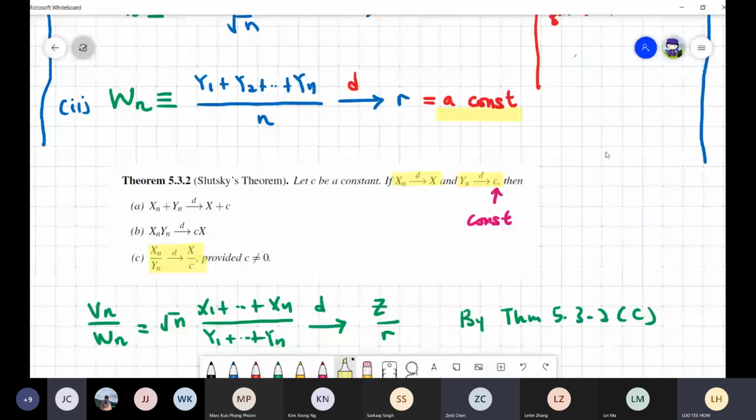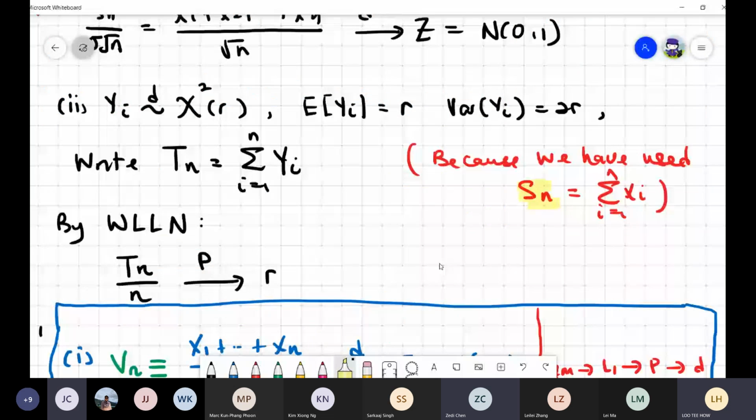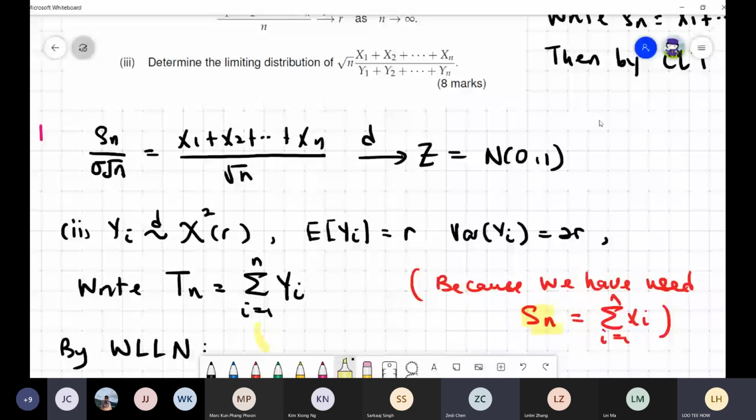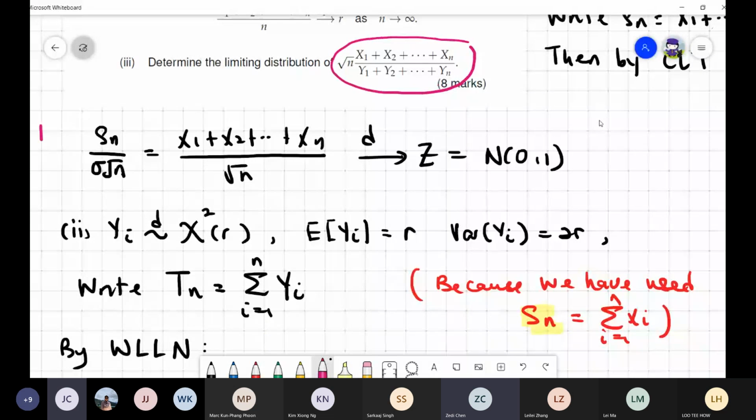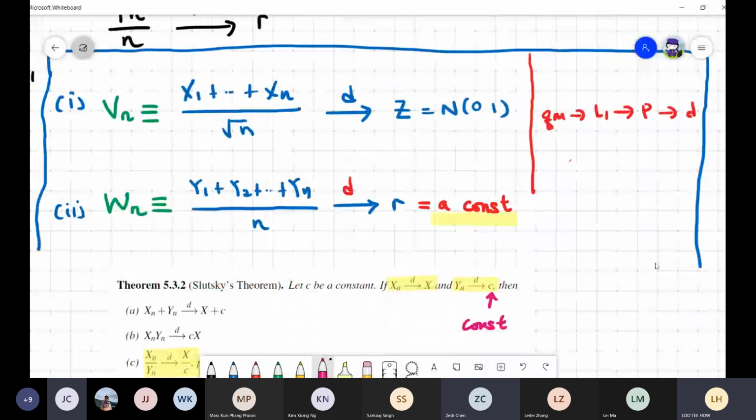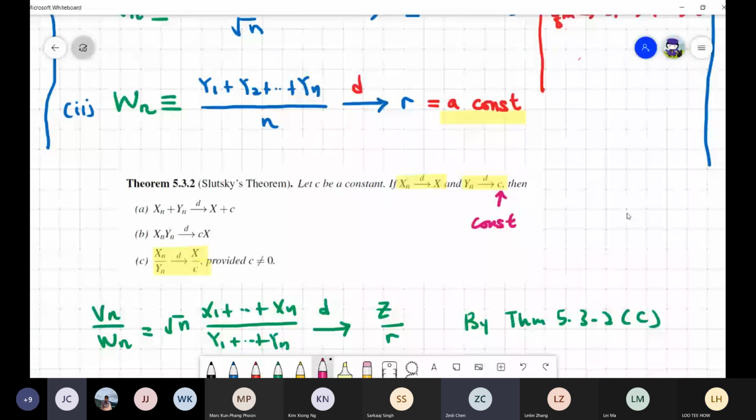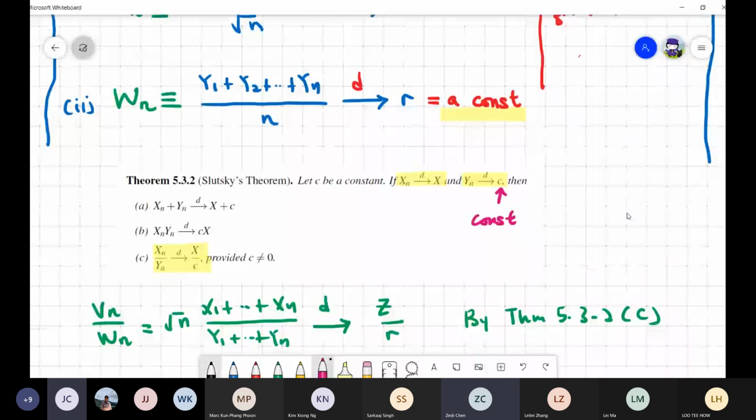If you look at it, this is the thing that we want to solve. That's the way to solve the question. Actually, it's not difficult. You just need to observe, check the situation and see whether you can apply this, explain the situation, and then explain which theorem you are using here.